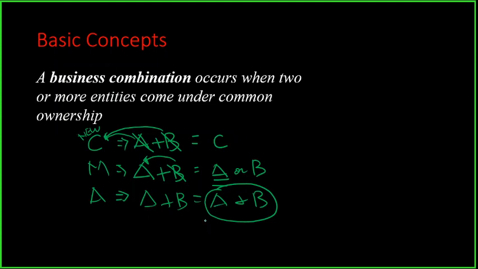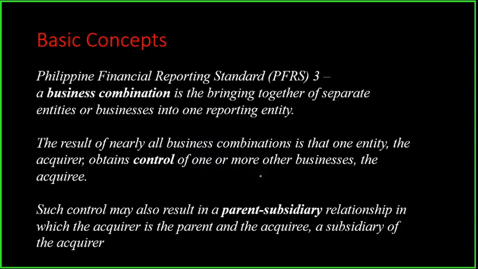They are going to make reports as if they are one entity. This is when you have your parent and subsidiary. There will be a parent and subsidiary relationship. For these two, there is no parent and subsidiary relationship.